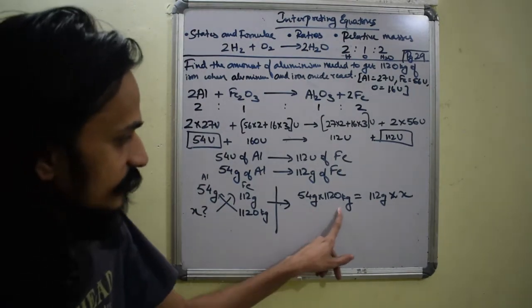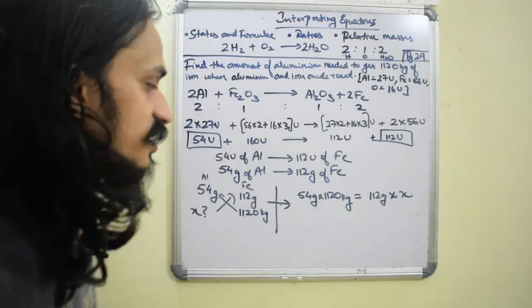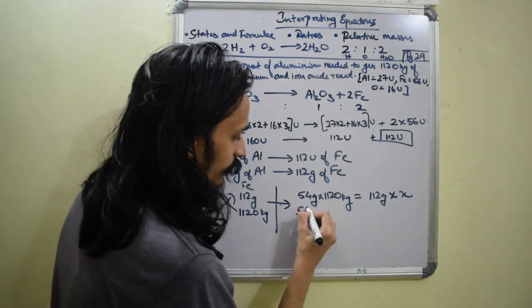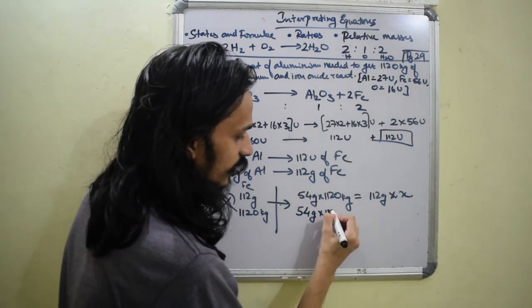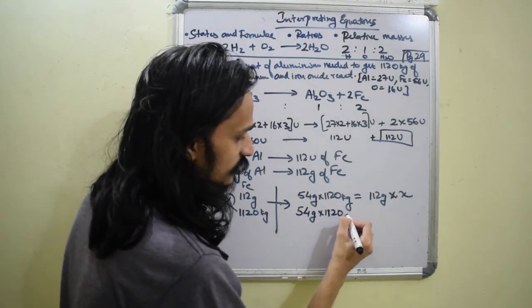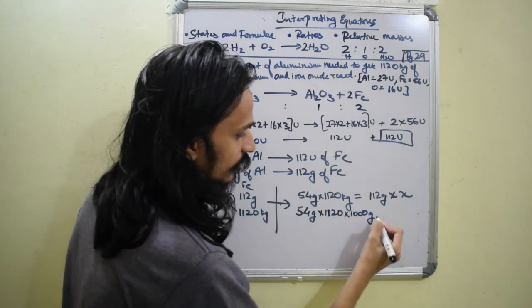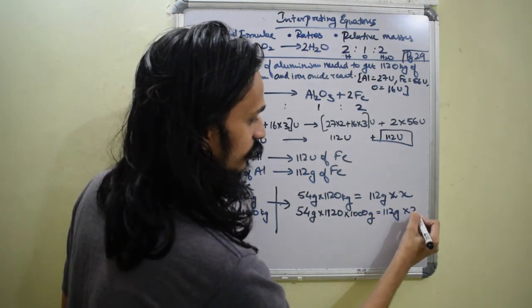Now notice grams, kilograms and grams. In every sum, all the units should always be the same, right? So I am going to change this kilograms into grams. We know that 1 kilogram is nothing but 1000 grams. So I am going to write it as 1120 into 1000 grams, which equals 112 g into x.